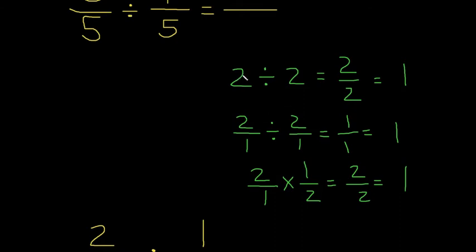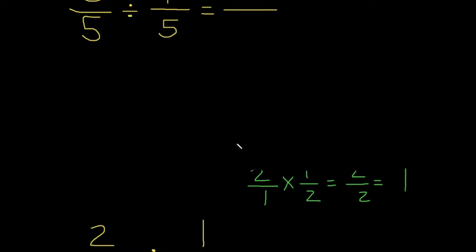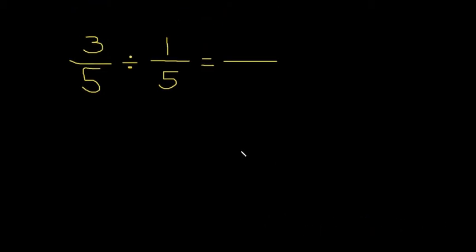In the same way that 2 divided by 2 is the same as 2 times 1/2. What's half of 2? Well, it's 1. Okay? So why do I do that? Well, because it helps explain why we keep, change, flip when we're dividing fractions.